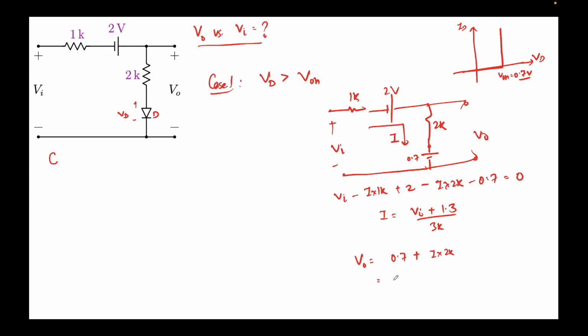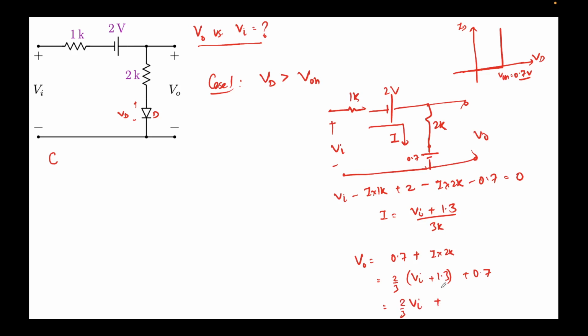Putting it in, this will be 2 by 3 times Vi plus 1.3, plus 0.7.